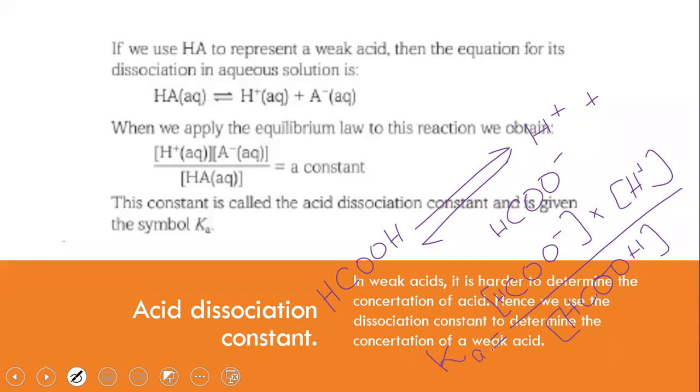The symbol for acid dissociation constant is Ka. The formula is product over reactant. This would give me my acid dissociation constant.